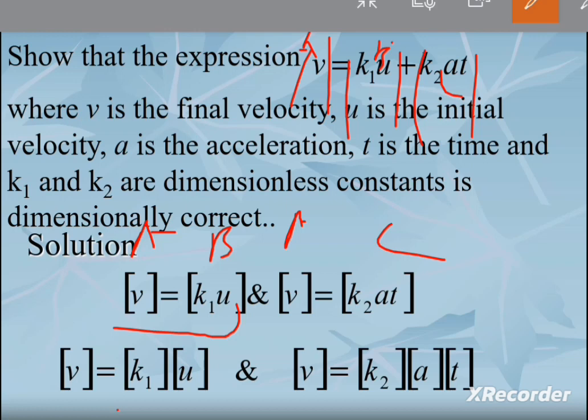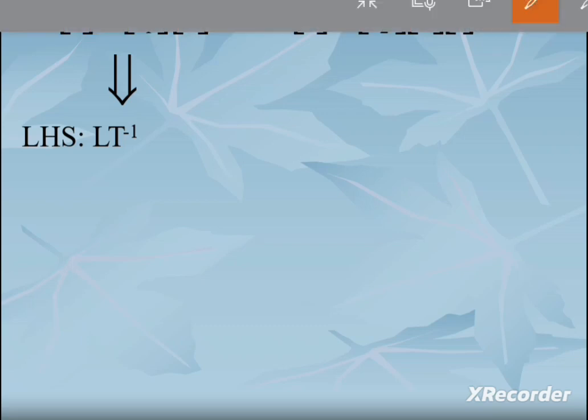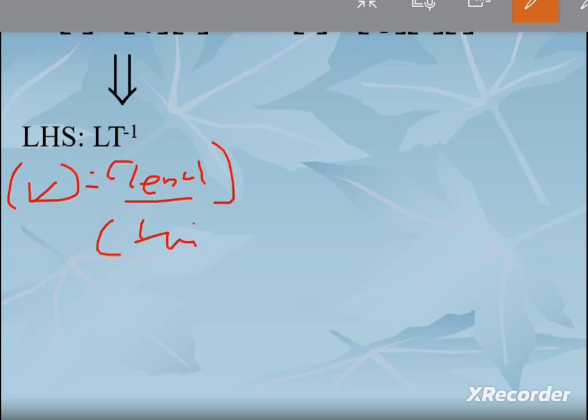So we move on, and we say: the dimension of V, the left hand side, gives us LT negative 1. Remember, V is speed. Speed is length over time. I put brackets, so the answer is LT negative 1.